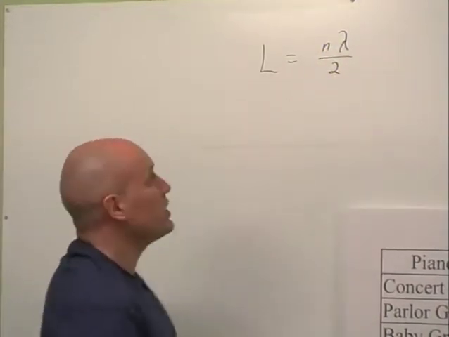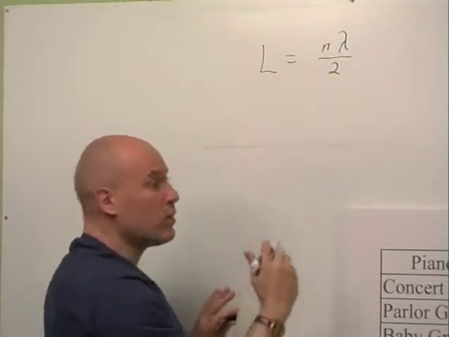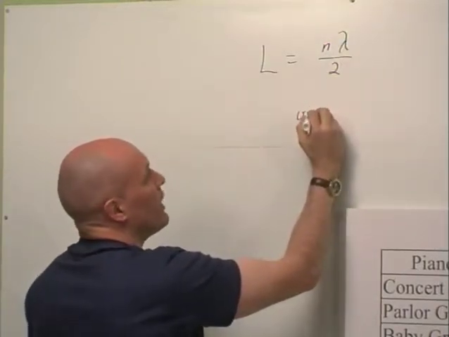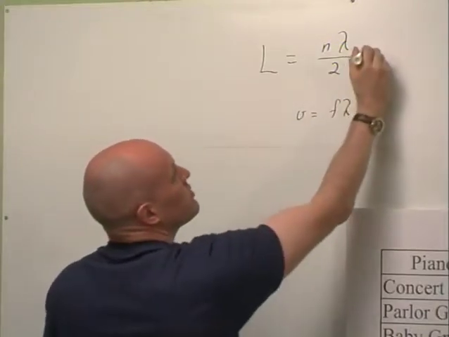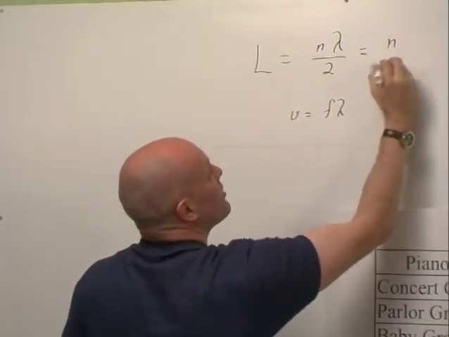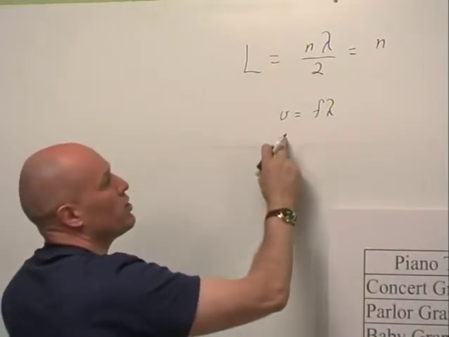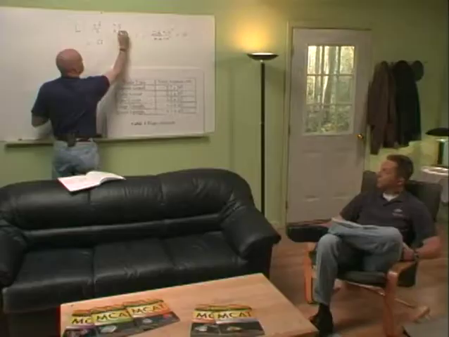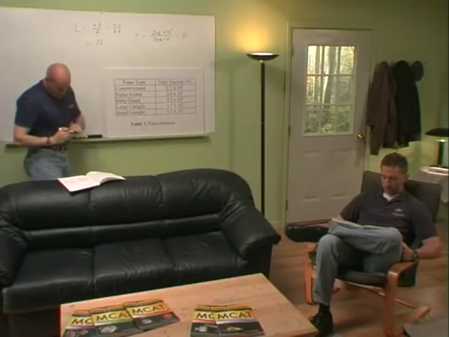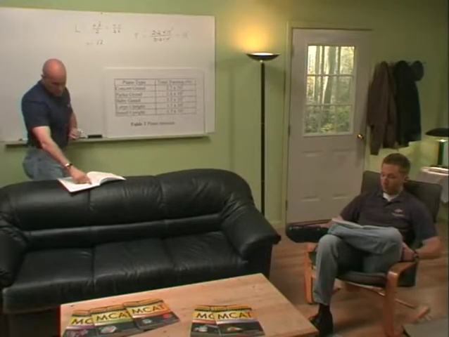Putting lambda in terms of frequency, velocity equals frequency times wavelength, so lambda equals velocity over frequency, and we have L equals n times velocity over 2 times the frequency.